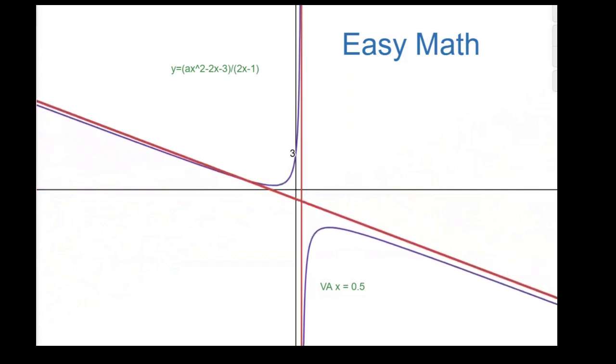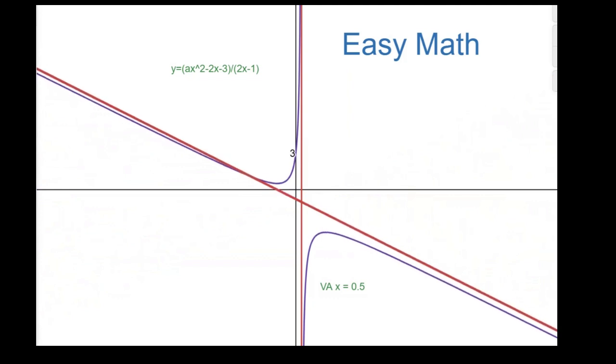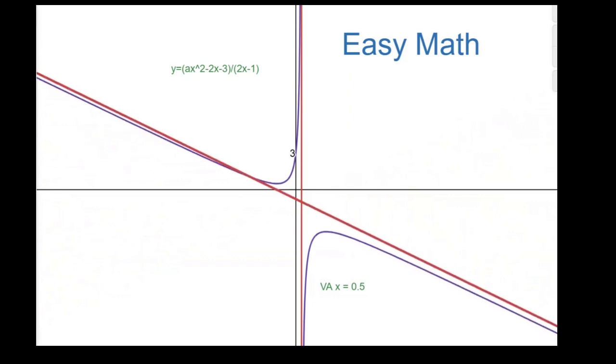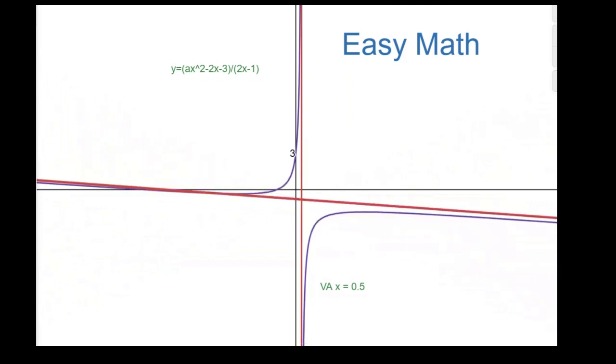If a is negative, here negative 1, the OA is decreasing, right? Okay, change. So we can see the y-intercept is still the same, 3, okay?